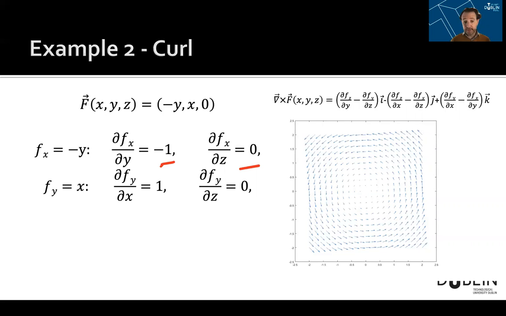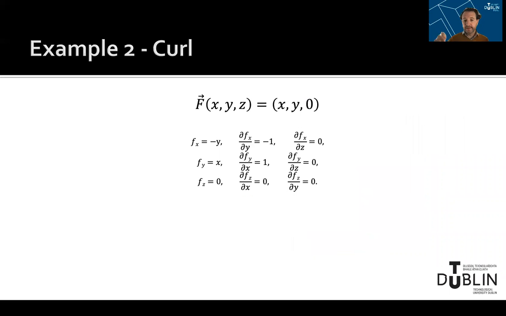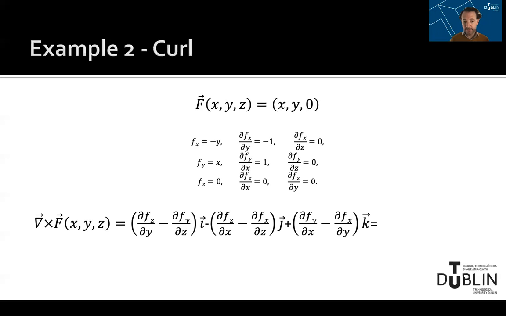The y component is equal to x. So derivative of that with respect to x is 1. With respect to z is 0. And lastly, z is 0, so the derivative is all 0. So once again, they're the elements we need, and we plop them into this formula. So we have our Fy, Fzy, Fyz, and we put it all together.